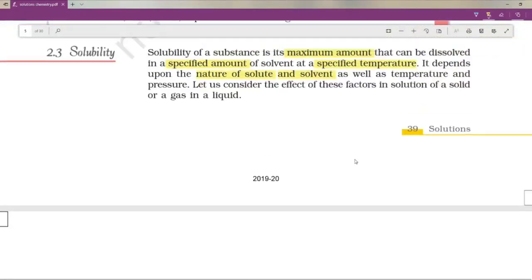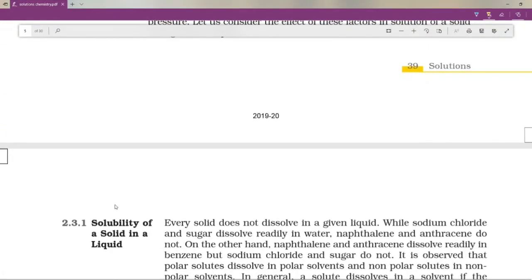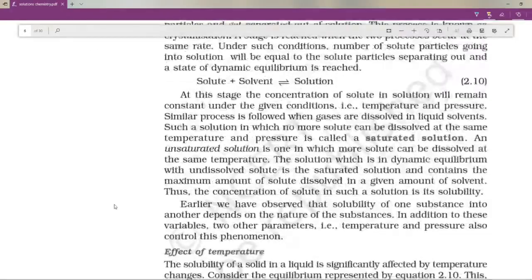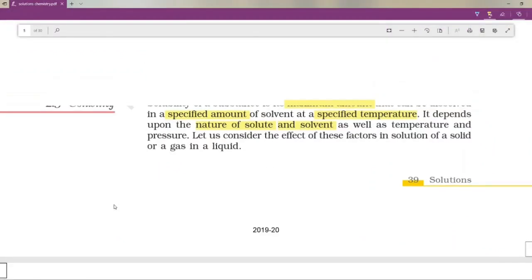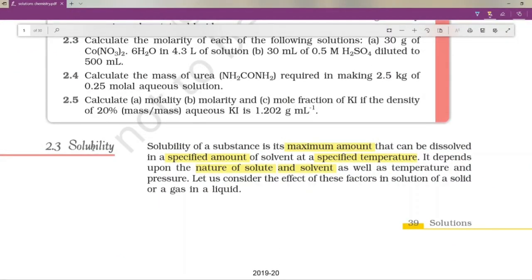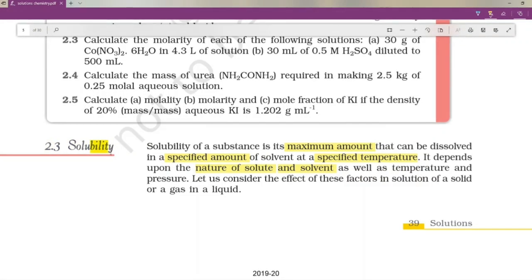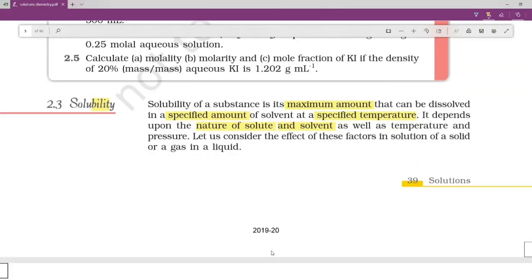Now after that they have discussed two subtypes, that is solubility of a solid in a liquid and solubility of a gas in a liquid. One thing I want to tell you is that wherever you see the word ability at the last, for example in solubility, you can see ability is there, which I have underlined.